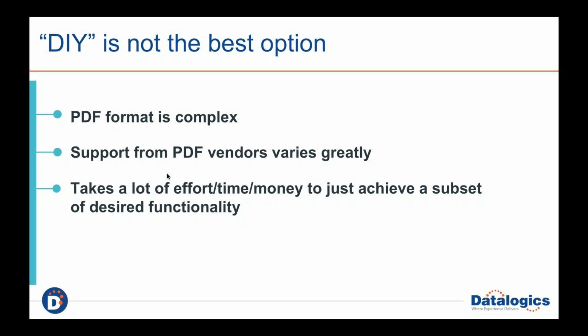It's estimated that to write your own subset of just some of the desired functionality of a good PDF optimizer would take several man-years of effort. And if you were interested in the entire feature set of a good PDF optimizer, you're talking about decades. That's decades, plural, in terms of effort.